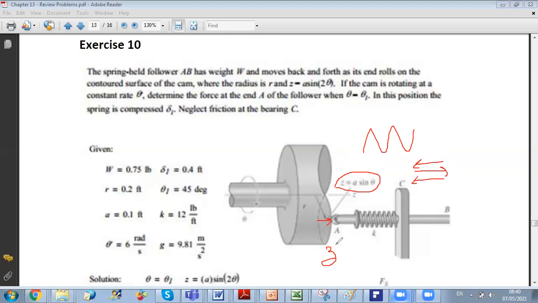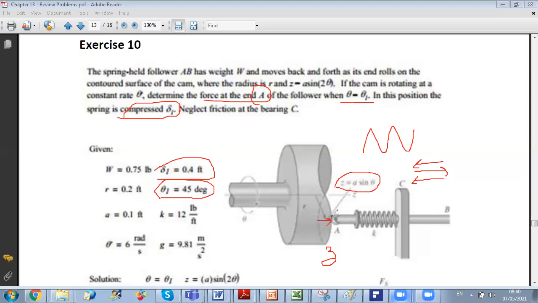Now the question is to determine the force acting on A when the angle of rotation is equal to theta 1. Theta 1 is 45 degrees. And we know that for this corresponding angle, the spring is compressed a certain distance delta 1 equals 0.4. So the purpose is to determine the force acting on A.